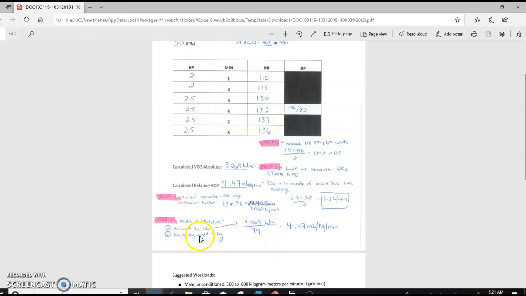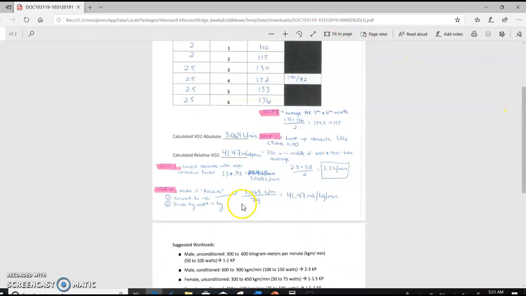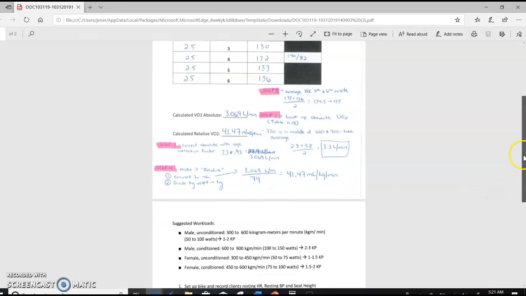And then you divide it by his weight in kilograms, which we said was 74. Okay, so I did that up here. And that is equal to 41.47 milliliters per kilogram per minute. And this is the value that you can look up in charts and you compare it to other people and you can see how Joe Schmo's doing.